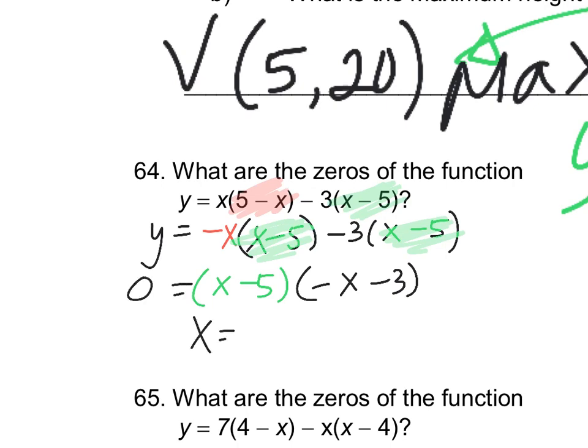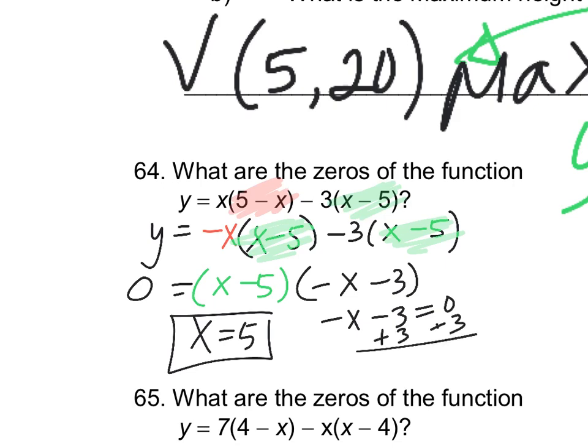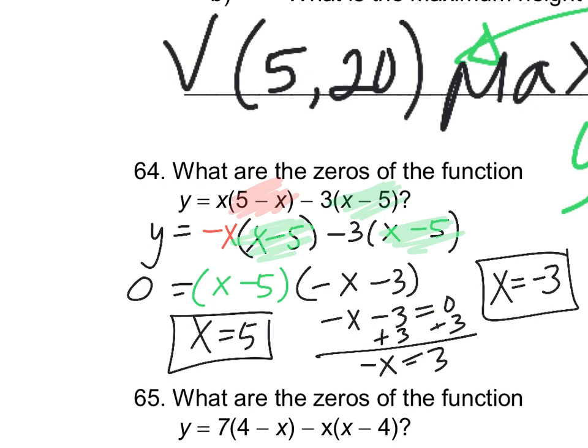The first one's pretty easy: x equals 5. And the next one, if it gives you trouble, just set it equal to 0, add the 3, negative x equals 3, but then this negative will change that sign. So that means my other answer is x equals negative 3. And those are my zeros.